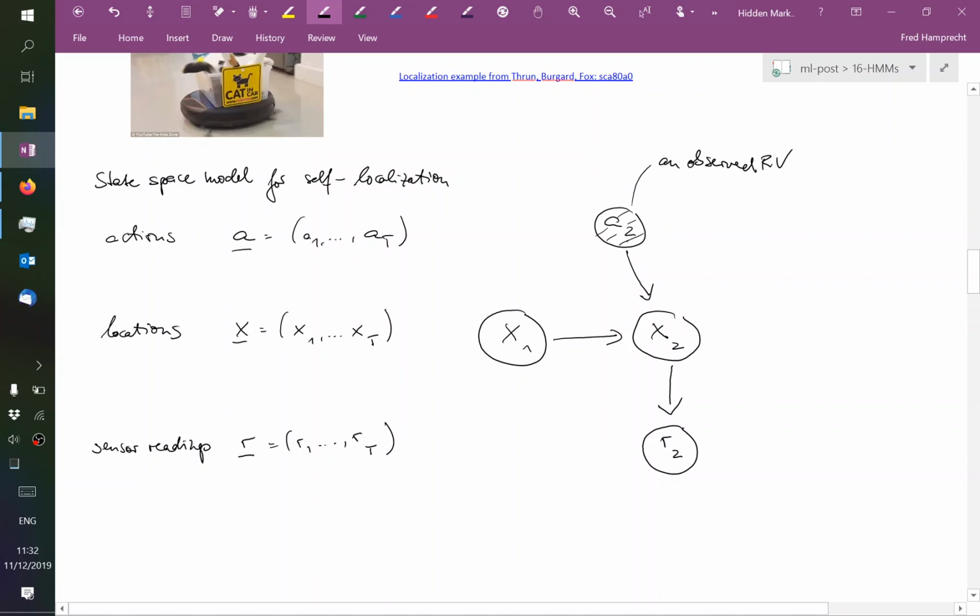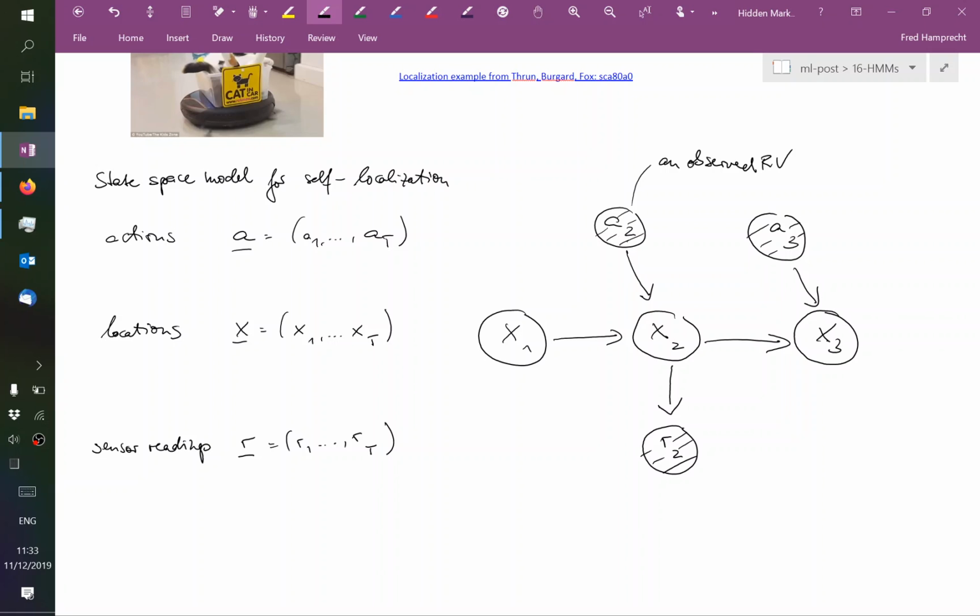So let's say at x3, the probability of where we are at x3 for sure will depend on any action that we have taken, again assumed to be observed. It will depend on where we were before. Do you think it will also depend on this sensor reading or not?